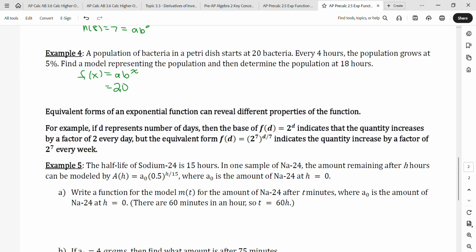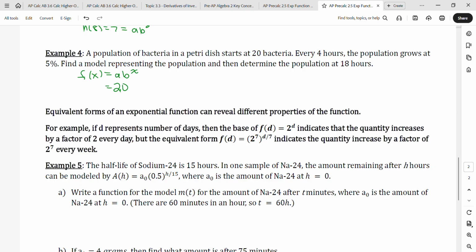When we are doing that, what do I have to do with that 5%? You multiply the 20 by 0.05. No. What do we have to do to that 5% so it represents growth? Divide it by 100 and add 1.